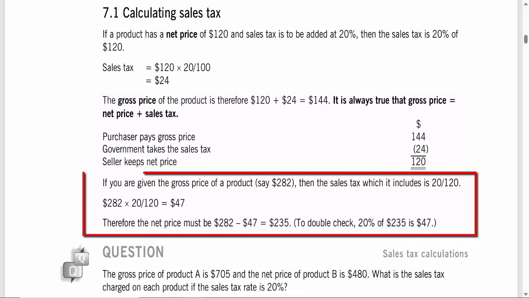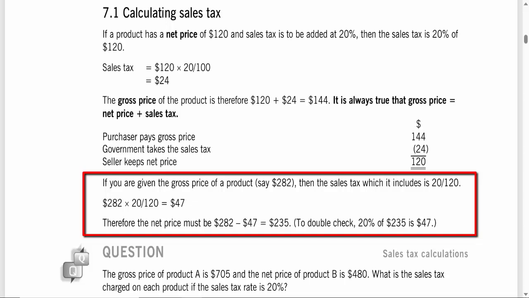6. Reverse calculation from gross price. Sometimes you're given the gross price instead of the net price, and you need to determine the sales tax and net price from there. For example, if the gross price of a product is given as $282 and the tax rate is 20%, you can reverse the calculation.